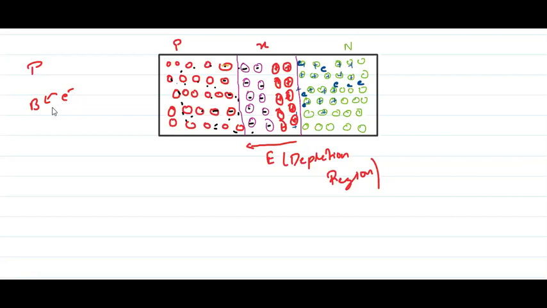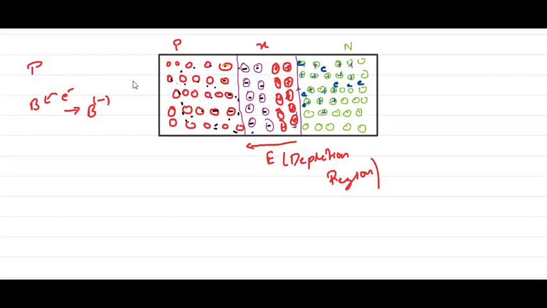After accepting one electron, what will become? It will become B minus, yes or no? So now you got your answer. And same thing happened with N type.